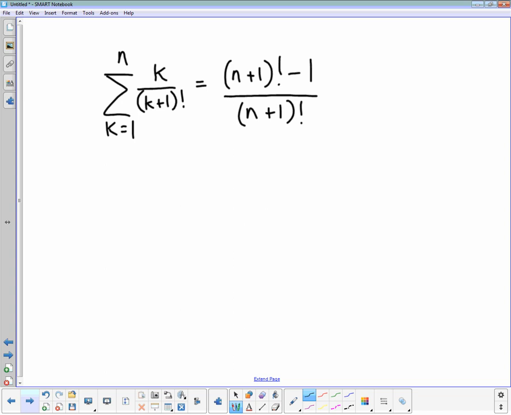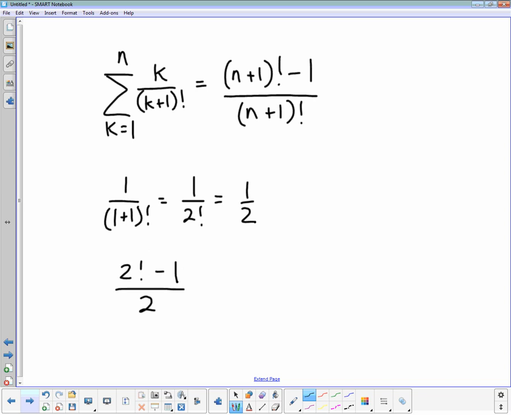Right? So now for the base case, I get 1 all over 1 plus 1 factorial, which is 1 all over 2 factorial, which is 1/2. And now at case 1, this becomes 2 factorial minus 1 all over 2 factorial, which is 2 minus 1 all over 2, which is 1/2. So the base case holds.